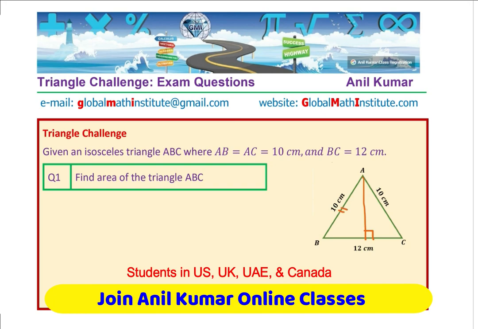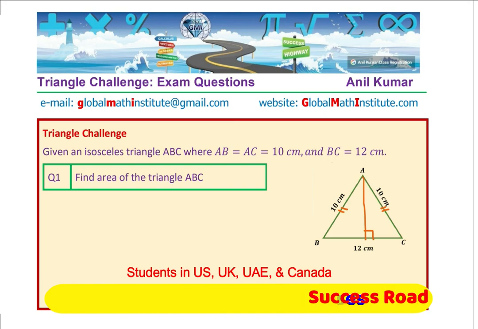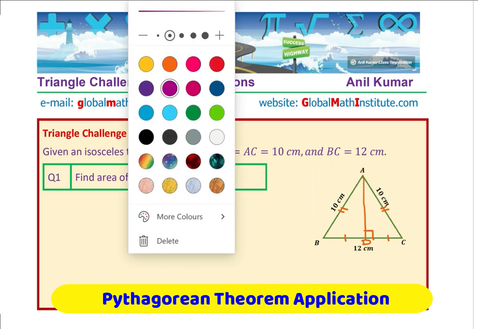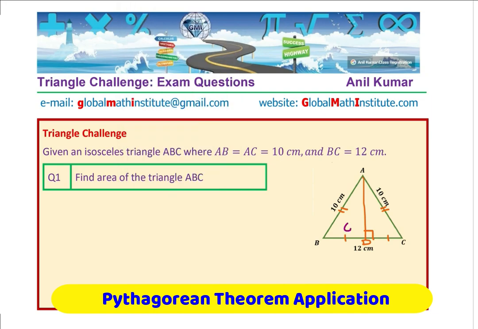Since it is an isosceles triangle, the perpendicular will divide BC into two equal parts, and therefore this point, which I can label as D, will be the midpoint, correct? Since it is a midpoint, each side B to D and D to C will be 6 centimeters long.